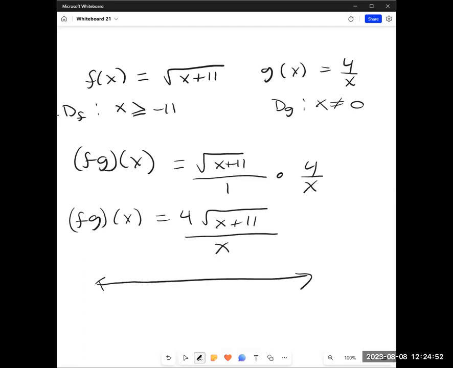So we have negative 11 down here, and we have 0 somewhere up here, and we have a hole there at 0. We're allowed to be at negative 11, but we have to be greater than that, but we don't fill in that hole at 0 since that's going to violate the restriction of g, and we get a domain that looks like this.